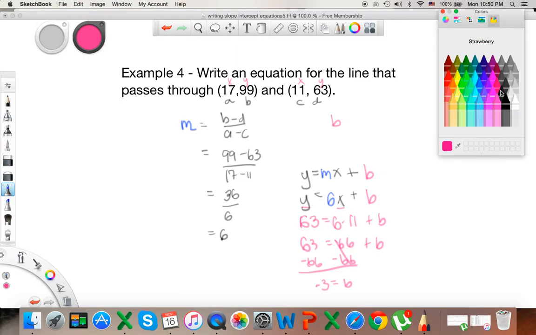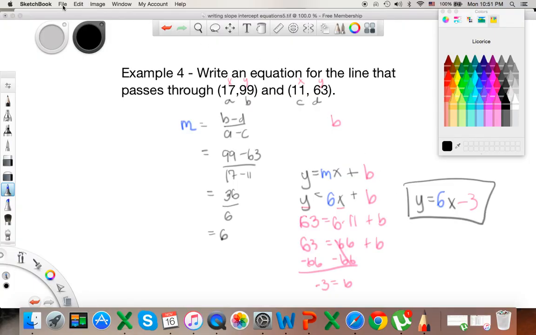So my equation is y equals, my slope is 6x minus 3. And that is my equation. Y equals 6x minus 3.